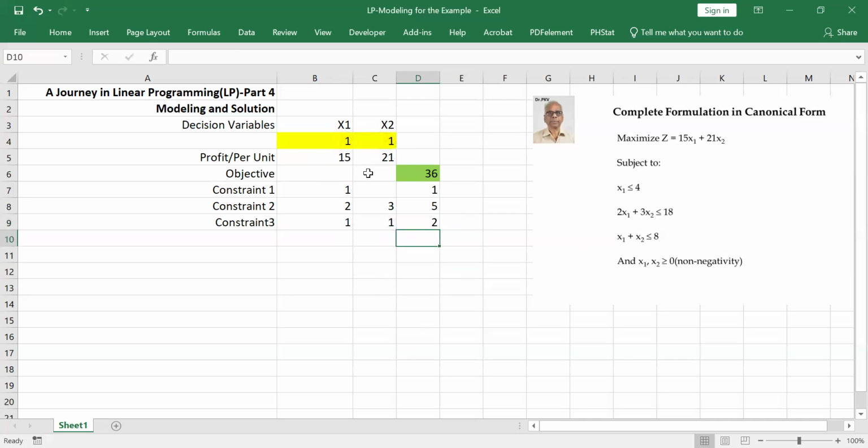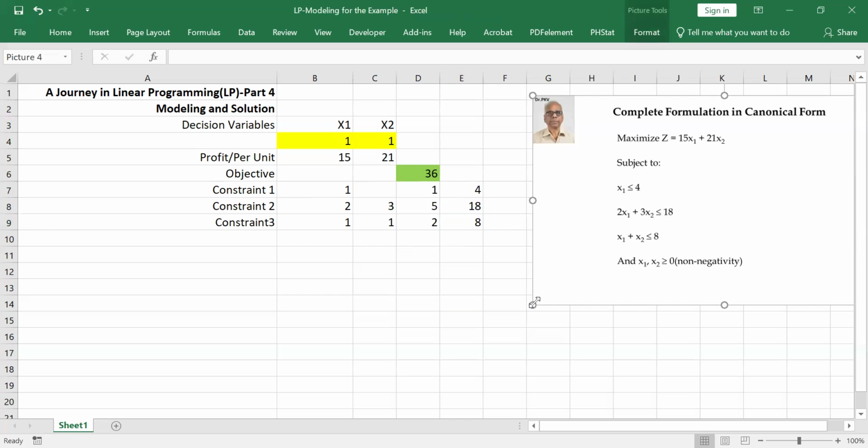The initial value is 1, 1, therefore this will be 2. I double click: B9 times B4 plus C9 times C4. These are the constraint values on the left-hand side. Now, the right-hand side, I put here 4 for the sales constraint, 18 for the raw material 1 constraint, and 8 for the raw material 2 constraint.